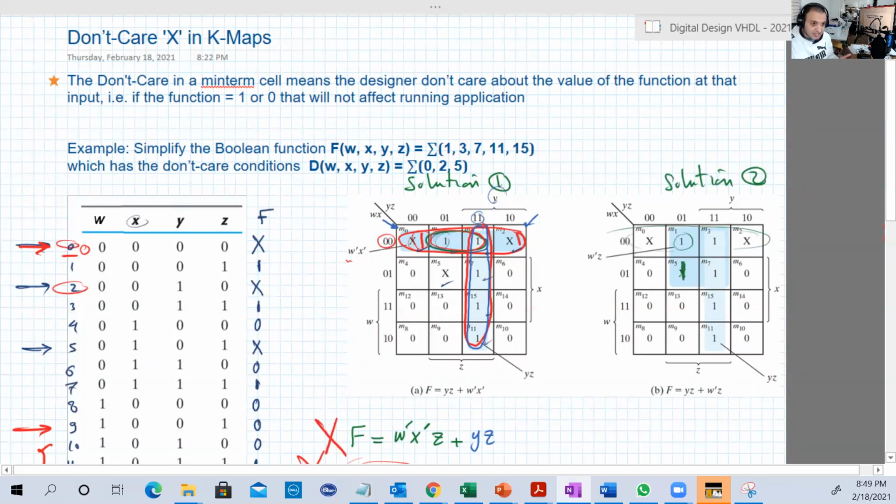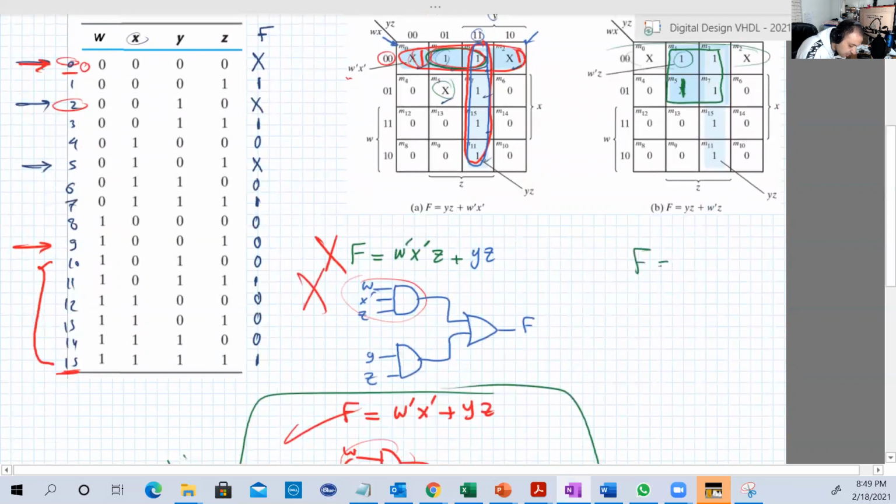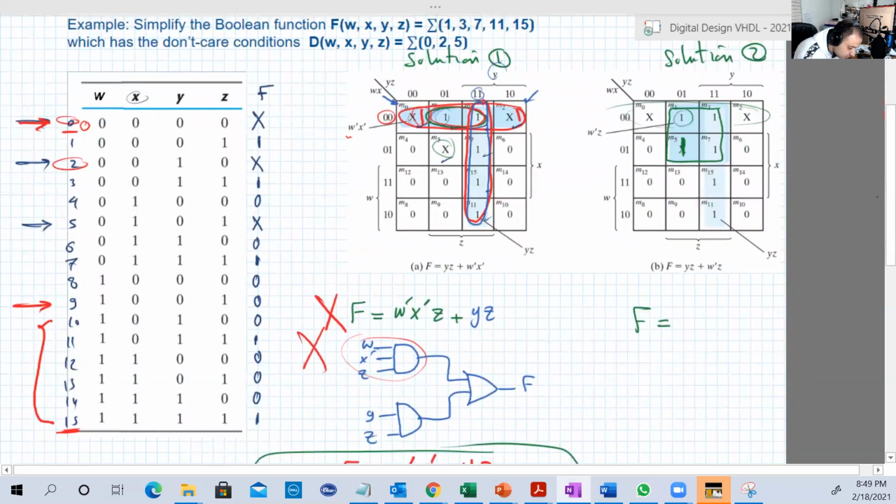Let's change this x, this don't care that was here, into 1. Then we can take this as a group. So f at that time will be equal to, so here is z, and you have w bar z, or w bar z, just to make it in order.